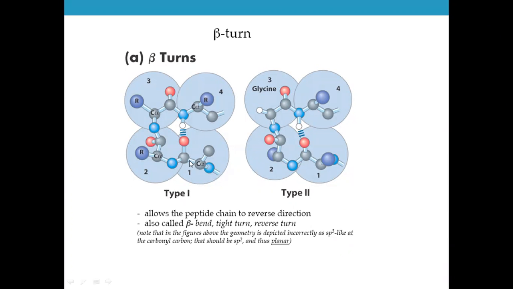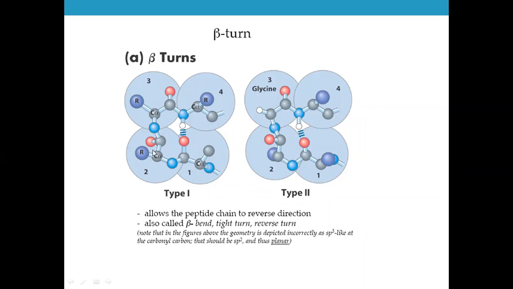You have your amino acid residue here. When it turns, you have your C double bond O and N. Then you have your R, N, C. This is your R, this is your amino acid, but this is your peptide bond.